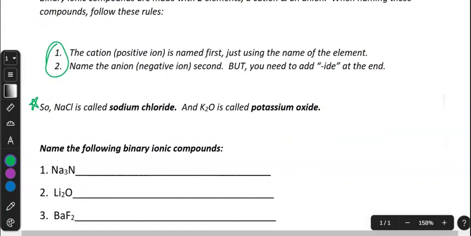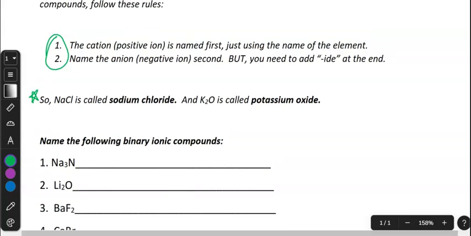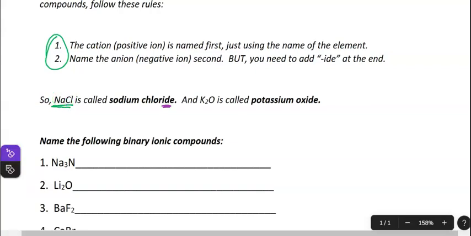So for instance, a compound with the formula NaCl is called sodium chloride because Na is sodium, that's the cation, it's always first, and then Cl is your anion, and that's chlorine, except you have to remember to change the INE to IDE, and so the name for NaCl is sodium chloride.